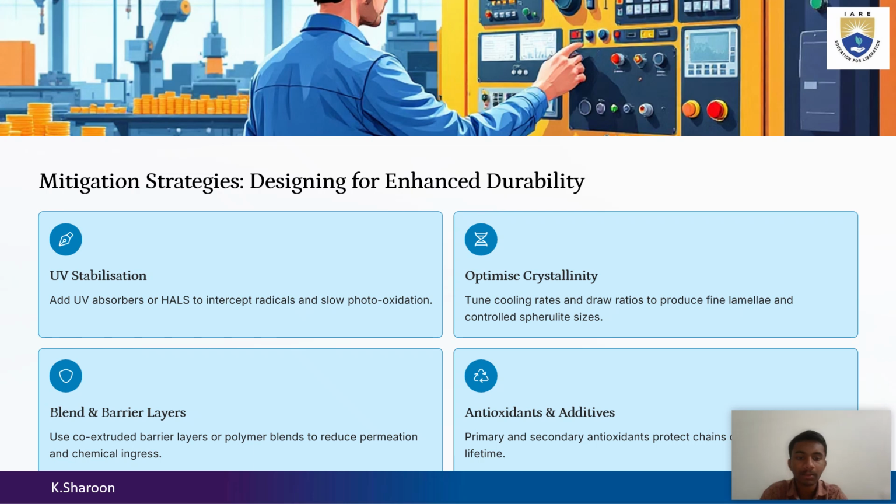Antioxidants and additives: primary and secondary antioxidants protect chains for a lifetime. And in polyethylene, crystalline regions are tightly packed with fewer defects, offering high resistance to electrical breakdown.